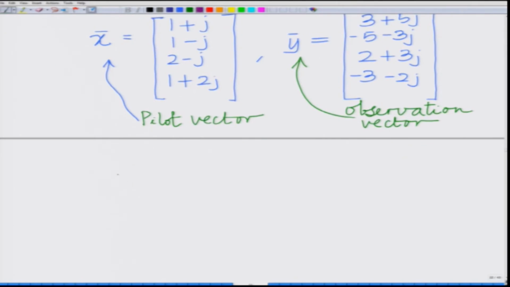Now, let us say h is a complex channel coefficient, distributed as complex Gaussian. We use this symbol to denote complex Gaussian, and we will talk more about this shortly. So, this is a complex Gaussian or complex normal random variable.